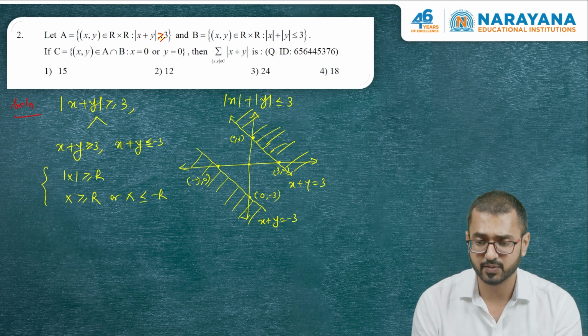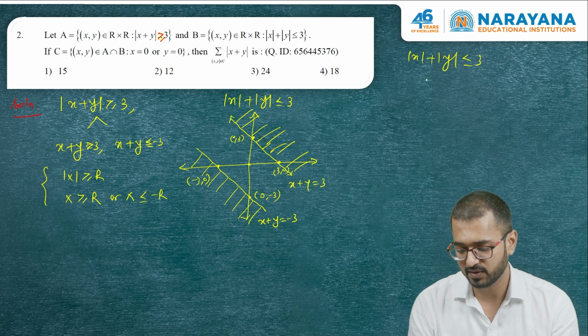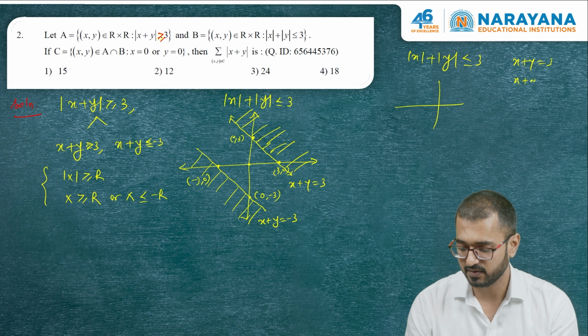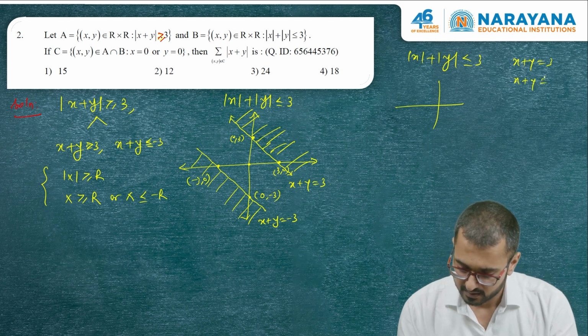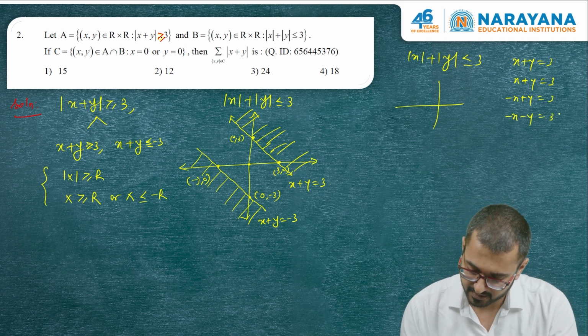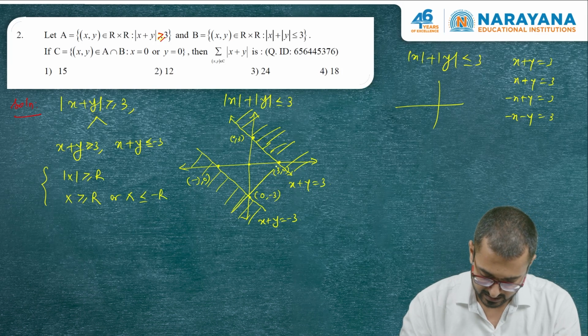If I open mod of x plus mod of y less than or equal to 3, there are 4 lines basically: x plus y equal to 3, x plus y equal to minus 3, x minus y equal to 3, minus x plus y equal to 3, and minus x minus y equal to 3. So we'll plot the region like this.